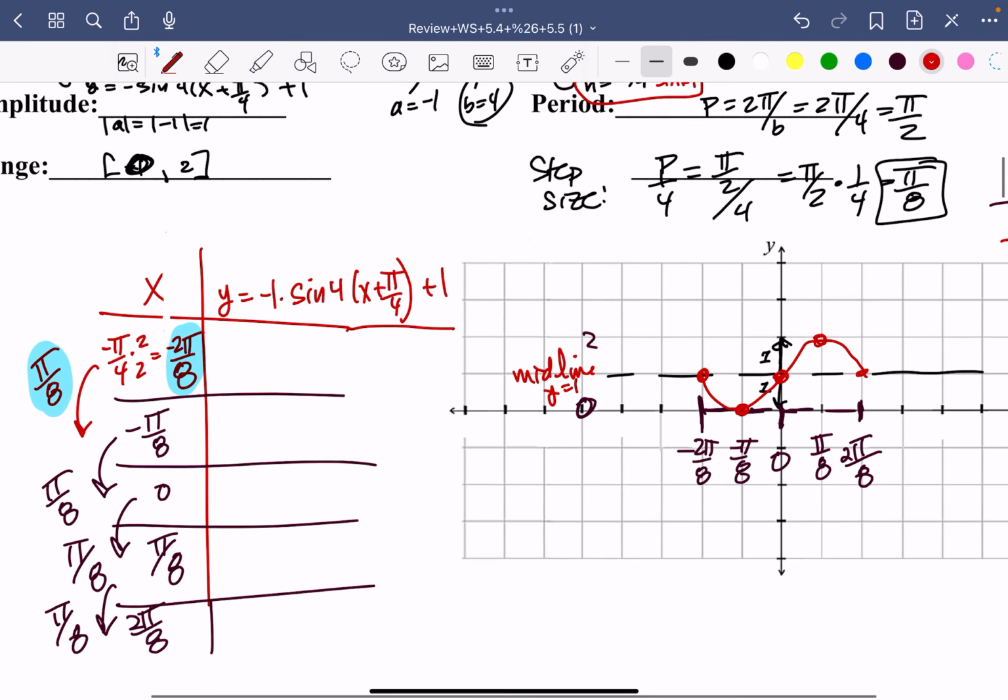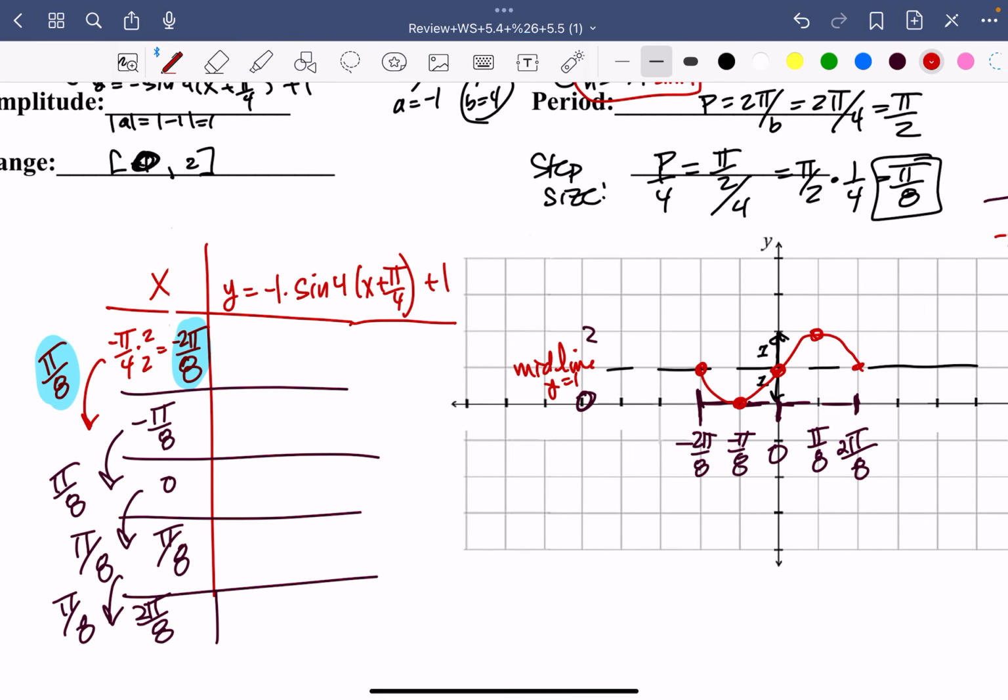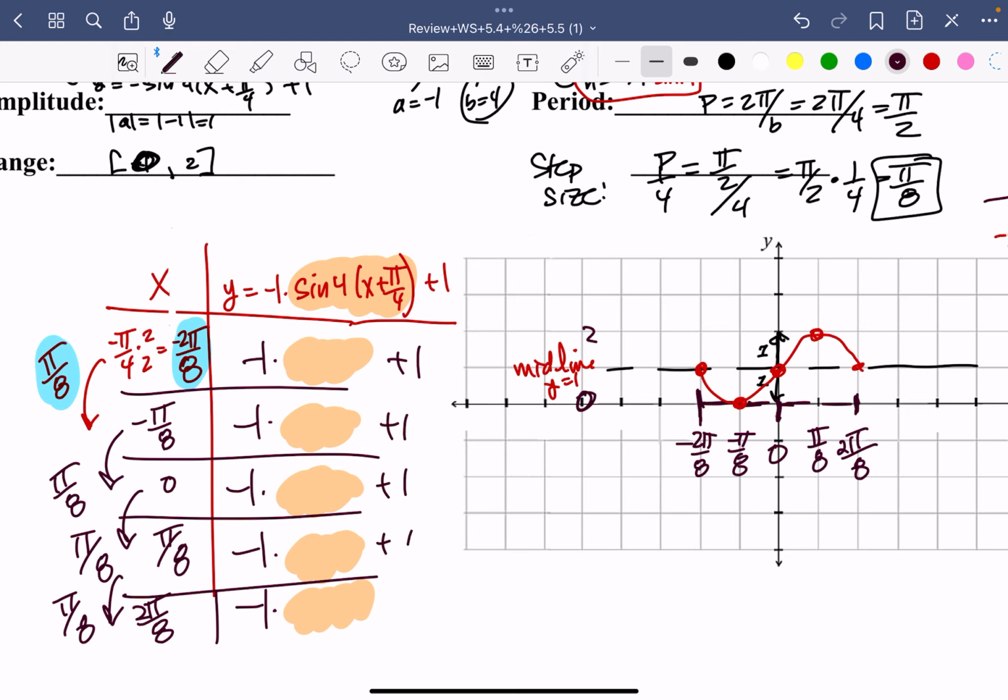Let's go back and check those values over here to make sure we understand where that came from. So to finish the chart, when I look at this, I see my old sine values, and you've just done two things to them. First, you've multiplied them by -1, and then you've added 1. Our original sine values were 0, 1, 0, -1, and 0.